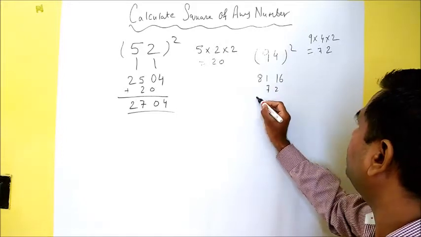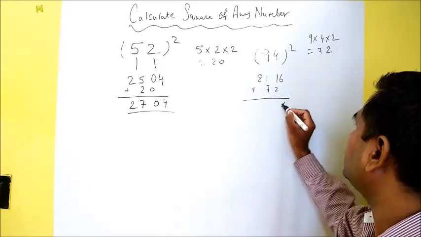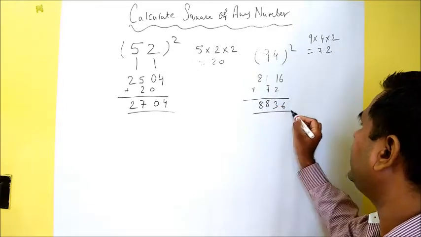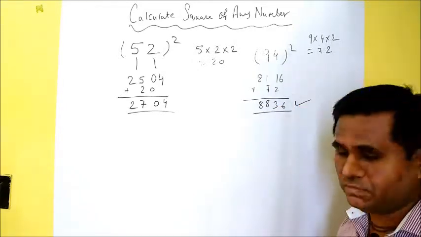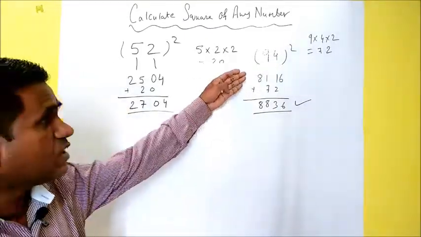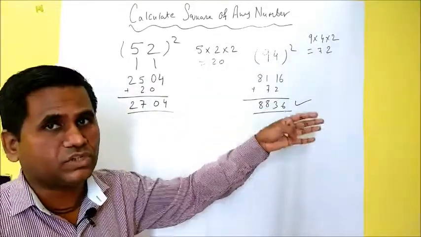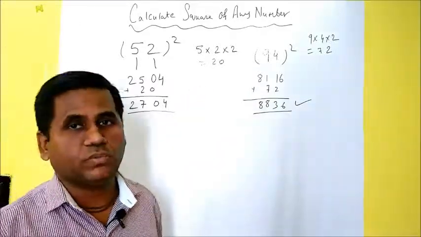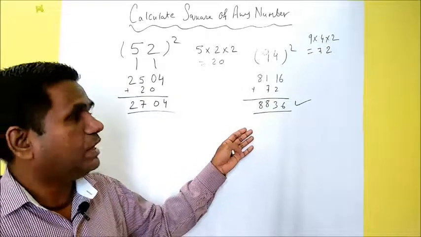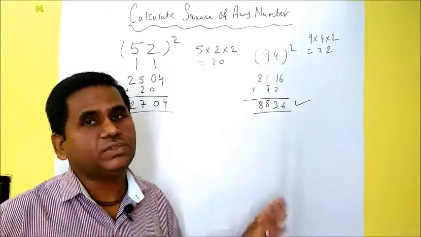So we add 72 to this number, giving 6, 3, and 8, 8. So 8836 is the square of 94. You can see in just 3-4 seconds, I'm doing it slowly, but if you practice some more numbers, you can calculate the square of any 2-digit number very easily using this trick.